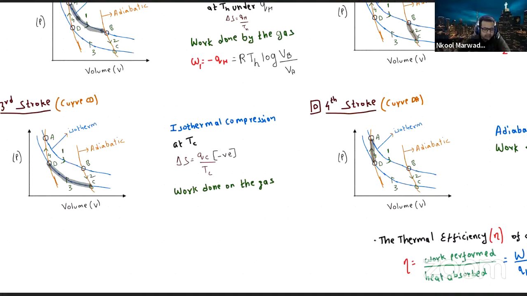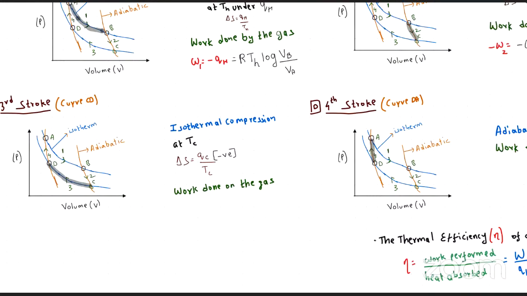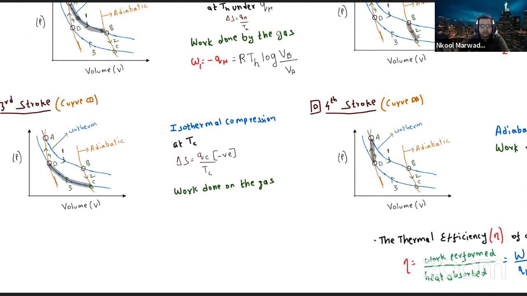And work done, we can calculate. Whatever is the energy lost, that much compression will be carried out. So minus QC is the energy which is lost. Minus here is representing loss of energy. It will be equal to the work done.